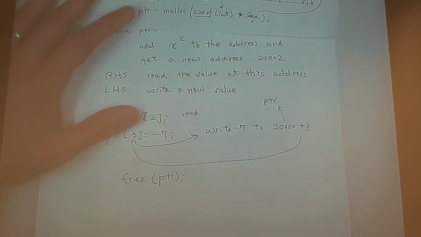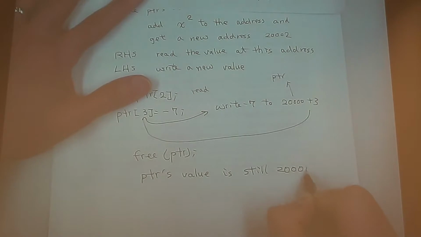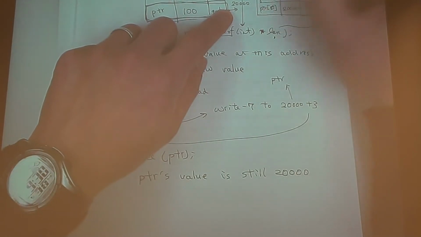Be aware, if you say free PTR, after that PTR's value is still 20,000. This value is not changed, even though this memory is no longer accessible.